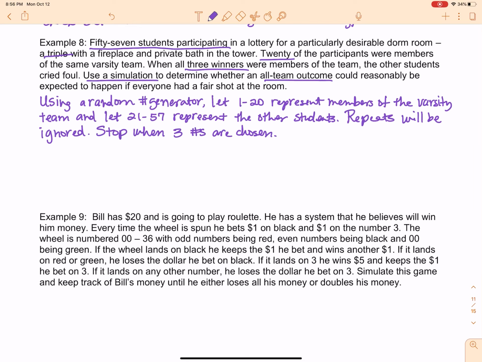And then we are counting. What results are we recording? Well, we are going to record or count how many varsity players are chosen.